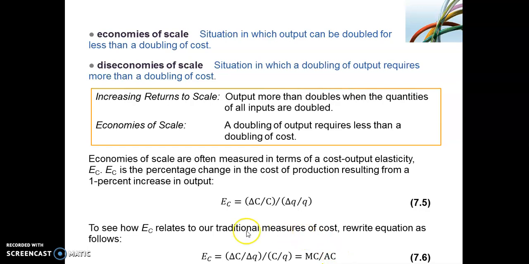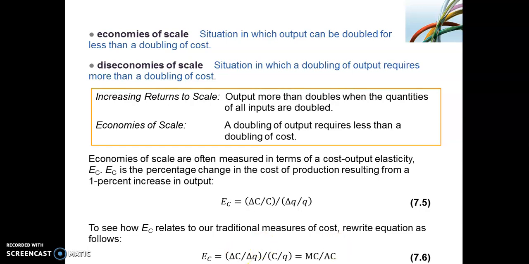So, how would you interpret this coefficient if you were given it? If your cost output elasticity was equal to 1, that would occur where marginal cost and average cost are equal to each other. And that is a scenario where your cost increases proportionately to output.